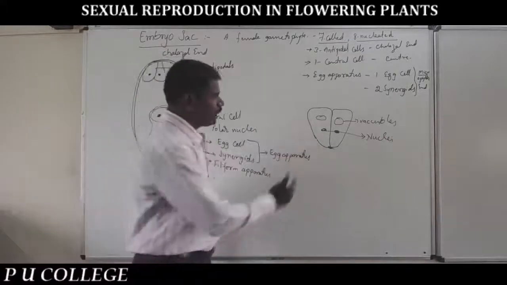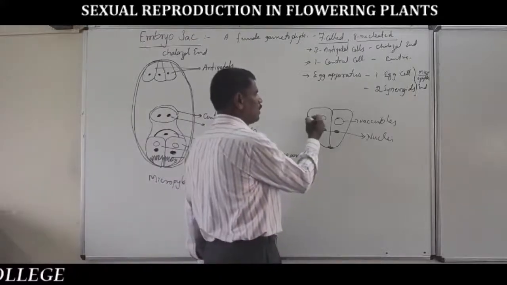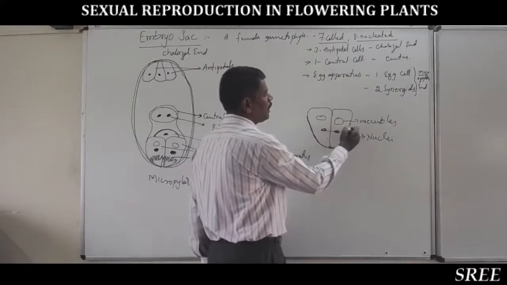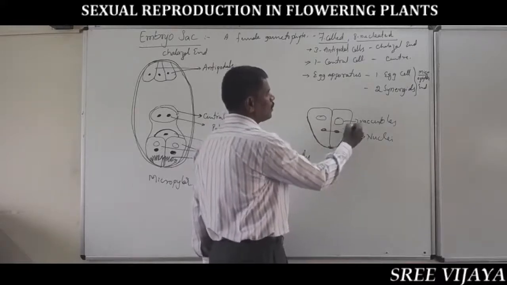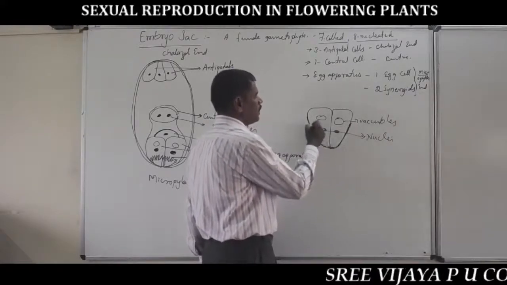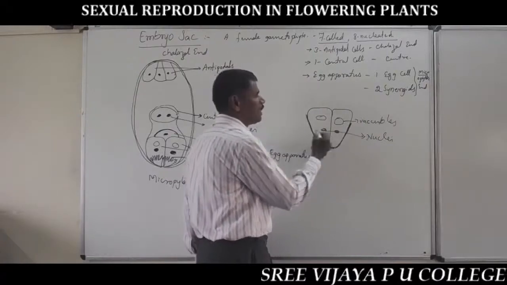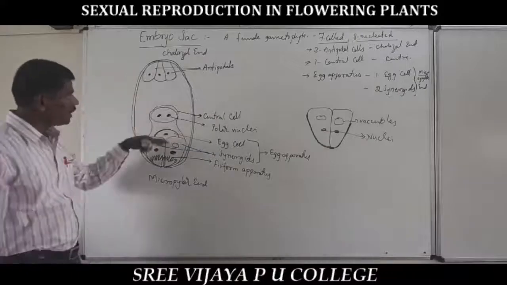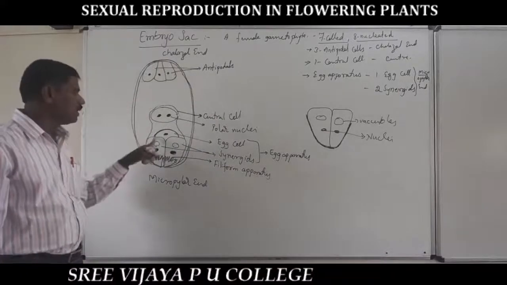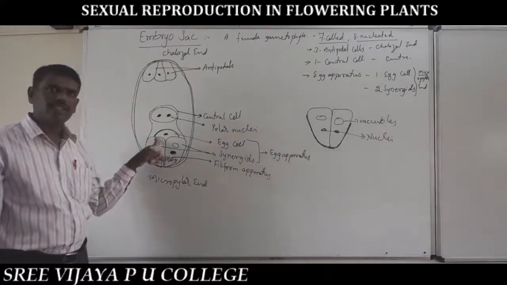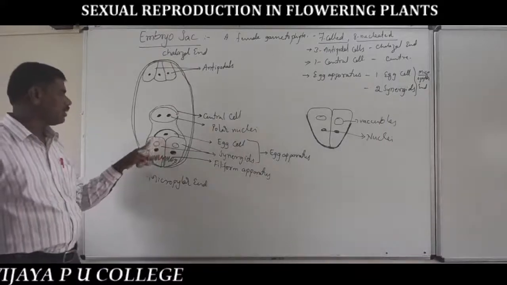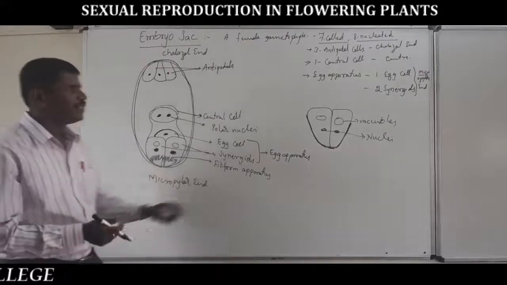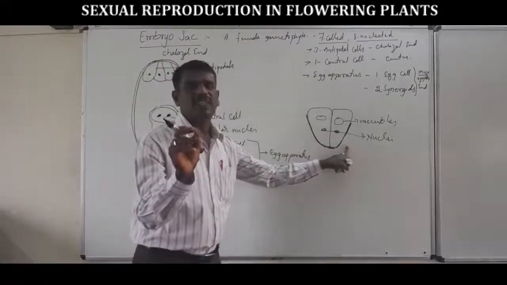The walls of the synergids are a little thicker towards the micropylar end than towards the chalazal end, where the cell walls are thin.